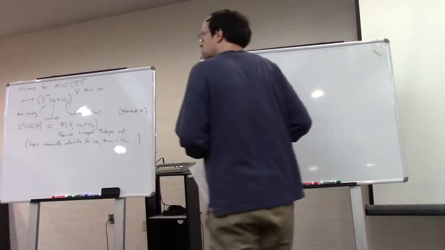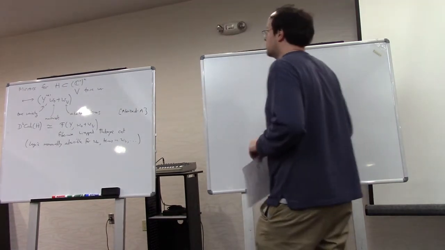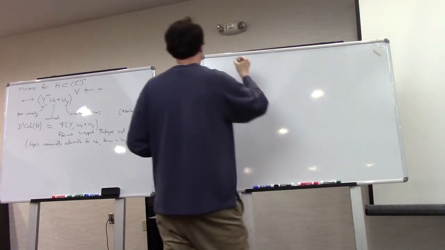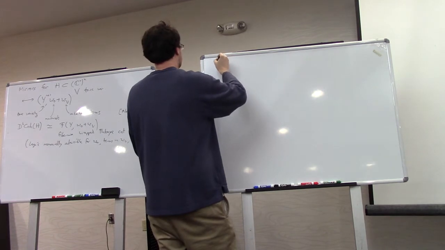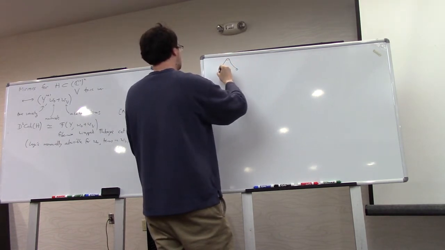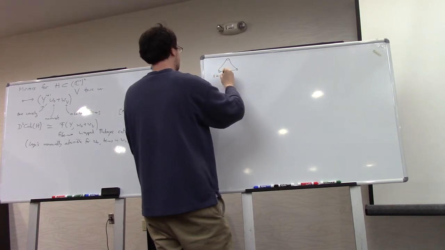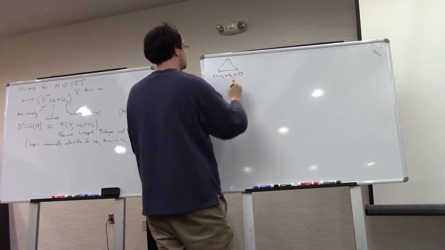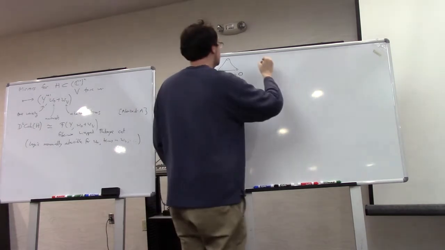Okay, so the example that I ended with last time was the case of a pair of pants, mirror of a pair of pants, viewed as the hypersurface 1 plus x1 plus x2 equals 0 in C star squared.